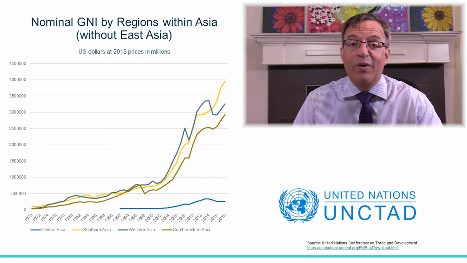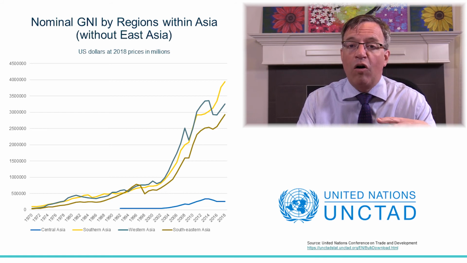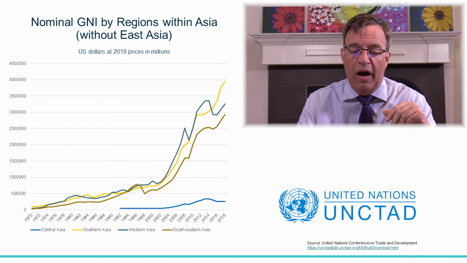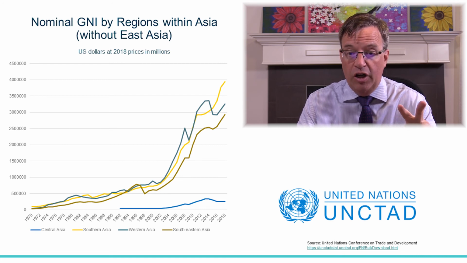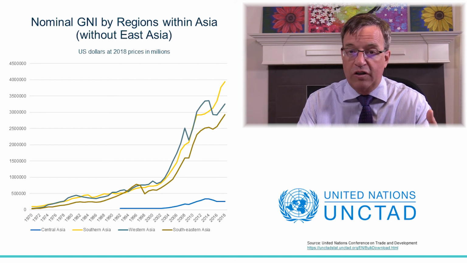We're seeing quite a bit of growth all through Asia, particularly now Central Asia. We've already looked at the growth there, and the other regions of Asia are all growing kind of together. Sure, India is dominating South Asia, and so they're above the other regions of Asia.